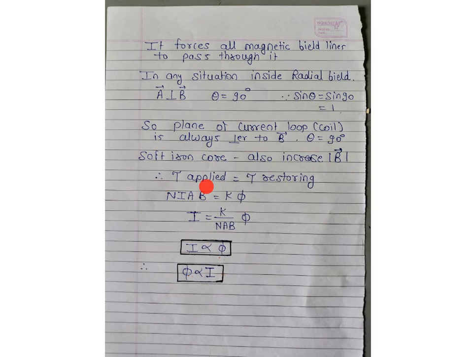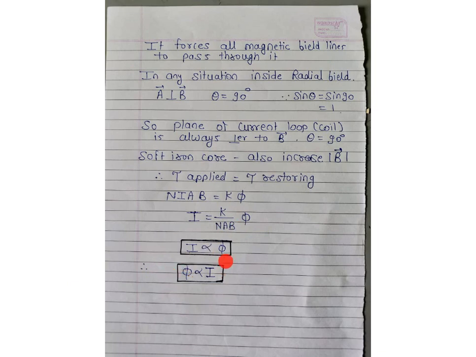Therefore, the applied torque is equal to the restoring torque. That is, NIAB is equal to K into phi. Therefore, I is equal to K upon NAB into phi. These are constant quantities.